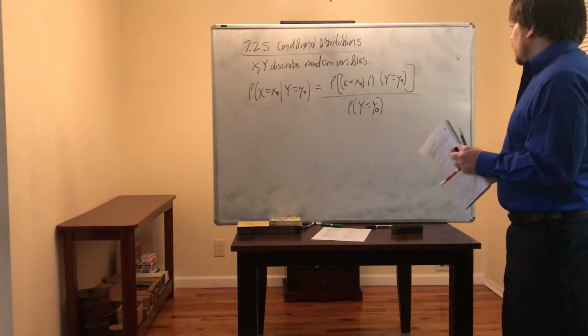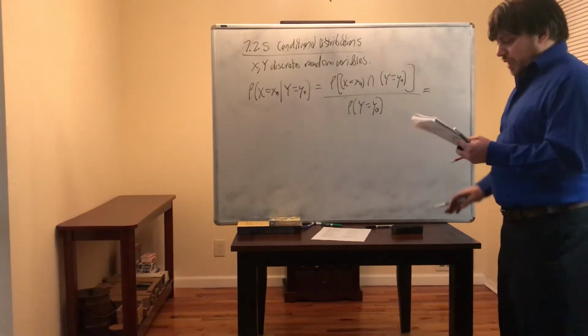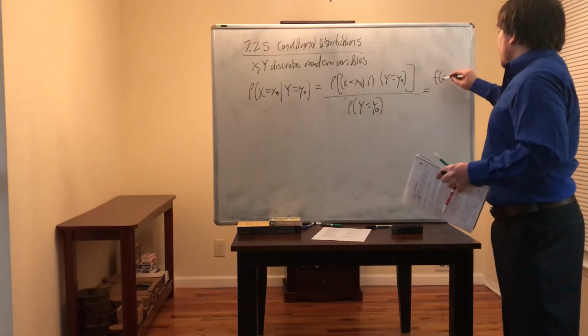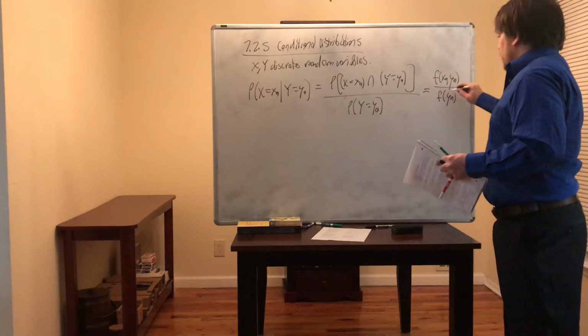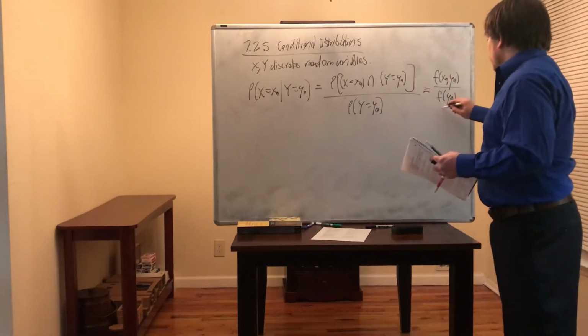Now this is equal to f of x naught comma y naught over f sub y of y naught.